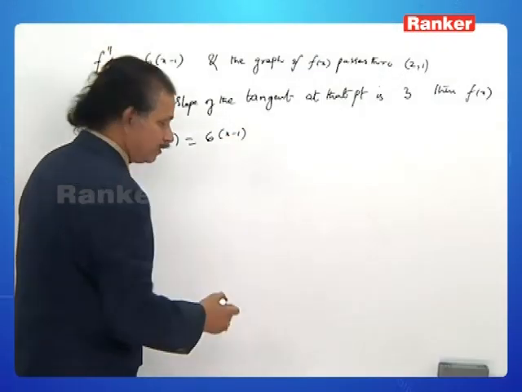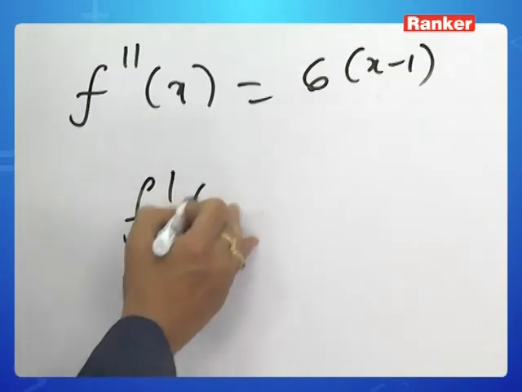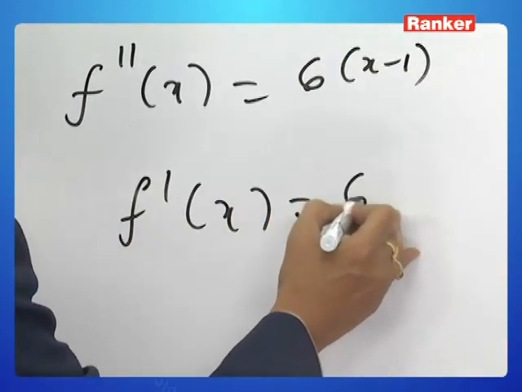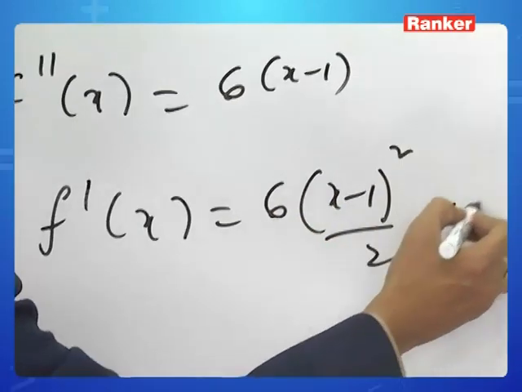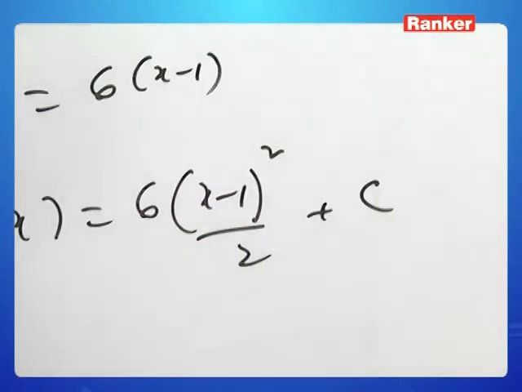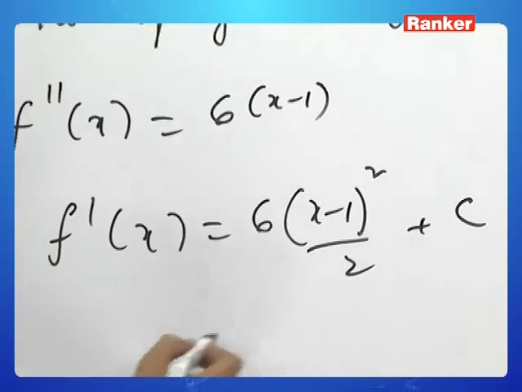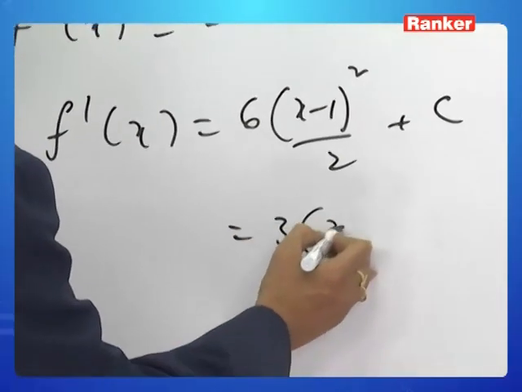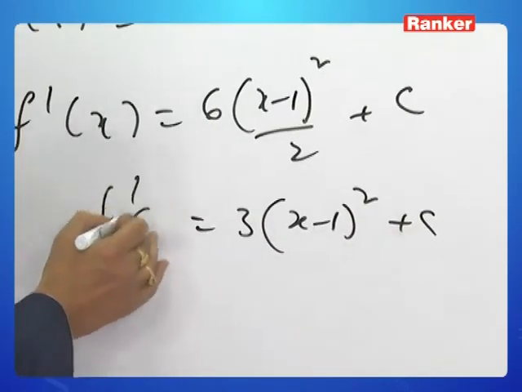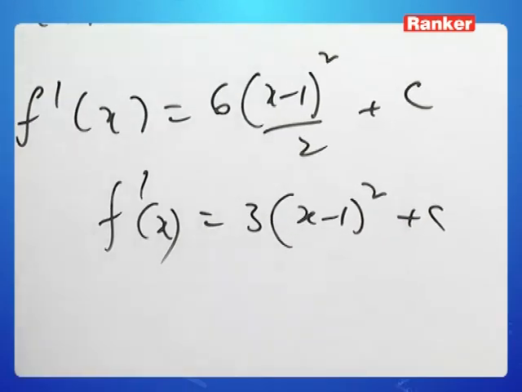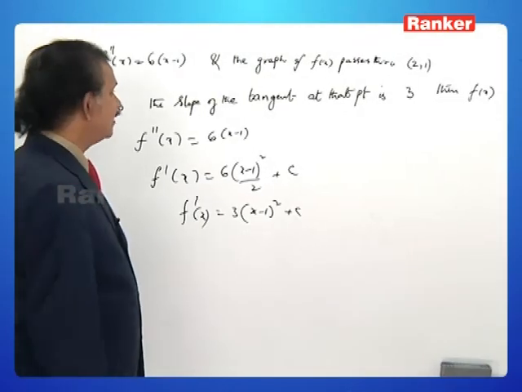Integrate on both the sides. f dash x is equal to 6 into x minus 1 whole square by 2 plus c. That is equal to 3 into x minus 1 whole square plus c. Well done.